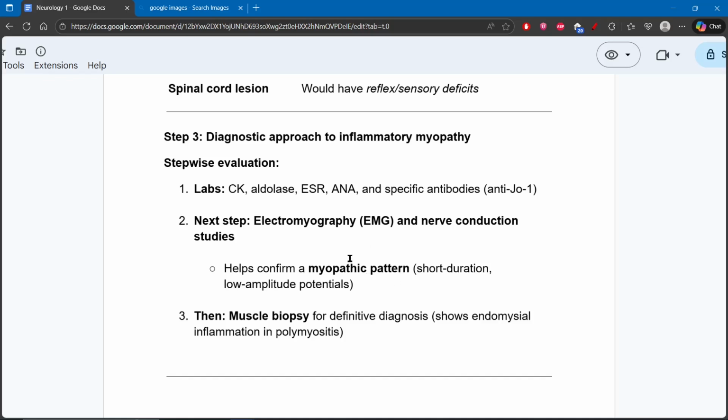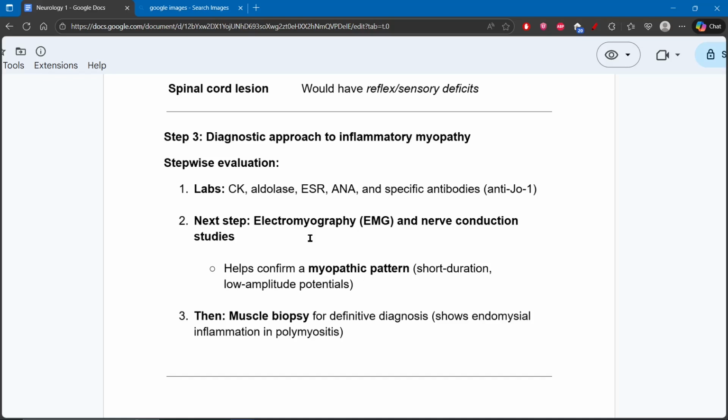So they are implying that the muscle biopsy is already done, but what would be the result that would confirm it? So the result would be that the endomysial inflammation would be present in polymyositis, and perimysial inflammation would be present in dermatomyositis. Endomysial in polymyositis and perimysial in dermatomyositis.